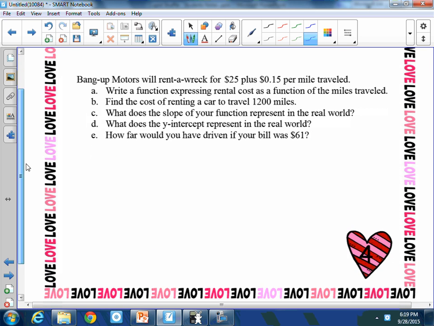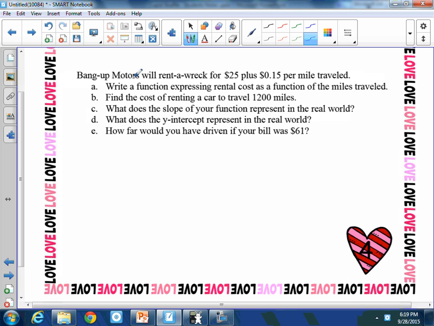All right. Bango Motors will rent a wreck for 25 plus 0.15 per mile traveled. So this is, remember, that's the keyword for slope. So we're going to write a function. The function would be 25 plus 0.15x, where x is the number of miles and y is the cost. So write a function expressing the rental cost.